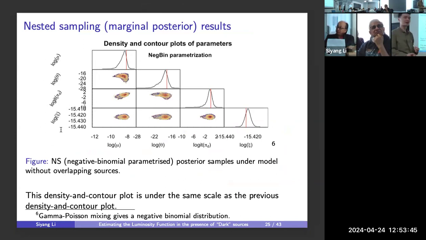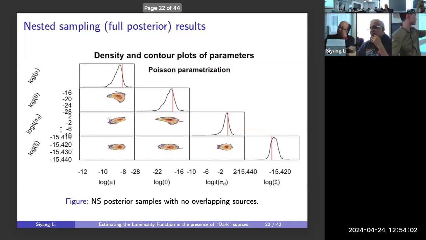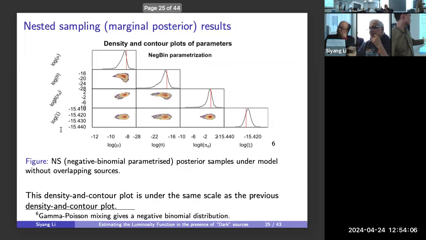And because that integral here is a mixture of gamma and Poisson distributions, here we call it the negative binomial parameterization, whereas previously we called it Poisson parameterization in the previous density and contour plot. Why negative binomial?